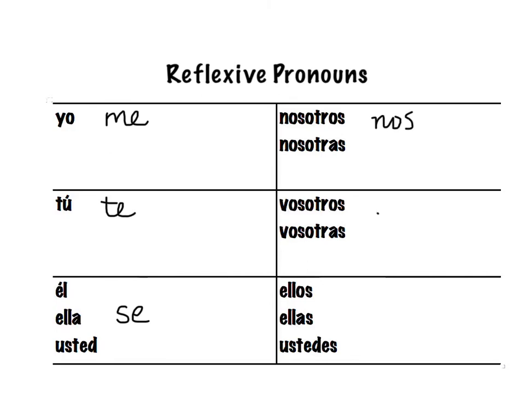Vosotros and vosotras use os. Ellos, ellas, ustedes, se. So this is pretty much equivalent to myself, yourself, himself, herself, or yourself when we're being formal and usted-like. Ourselves, yourselves when we're being informal and using vosotros. Themselves or yourselves.